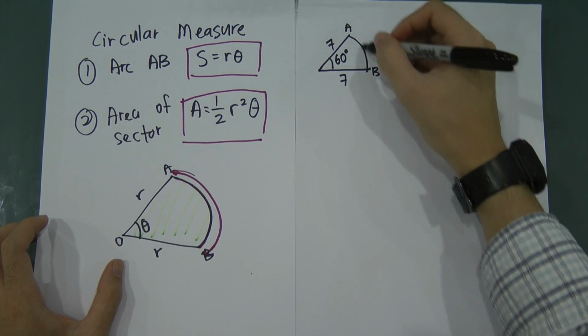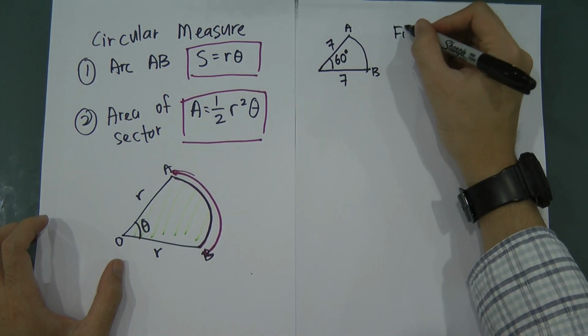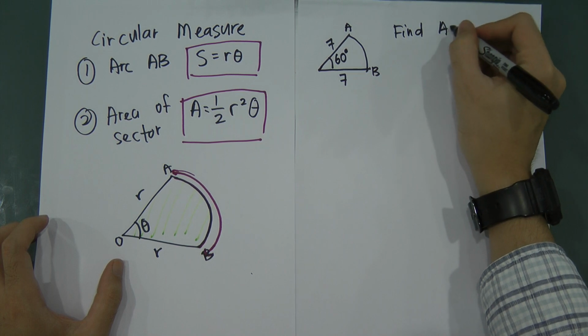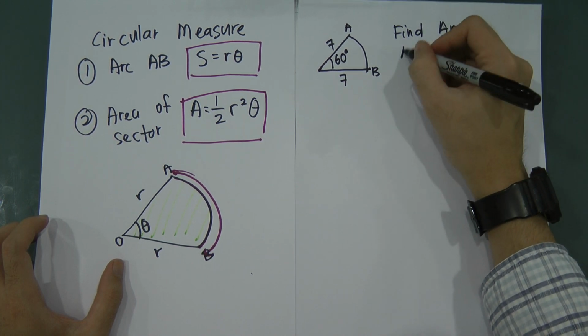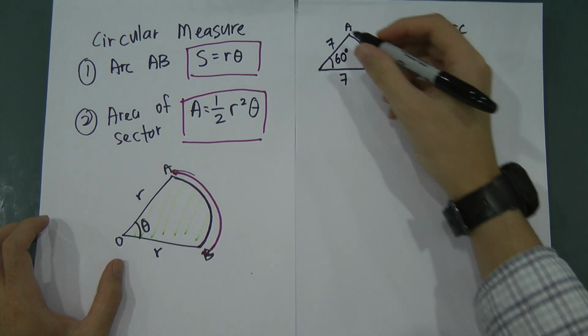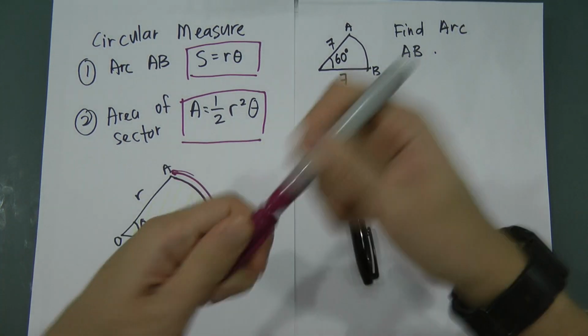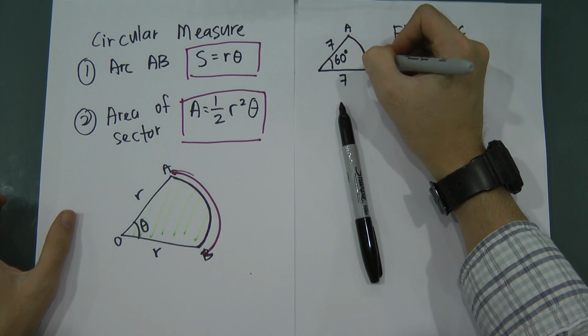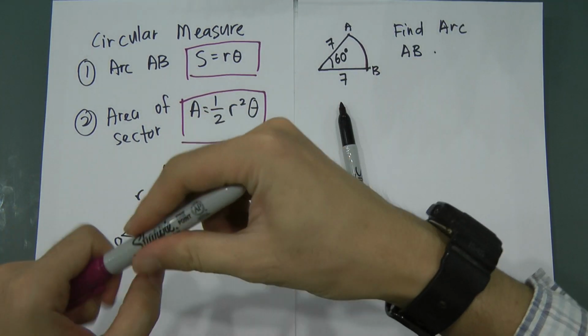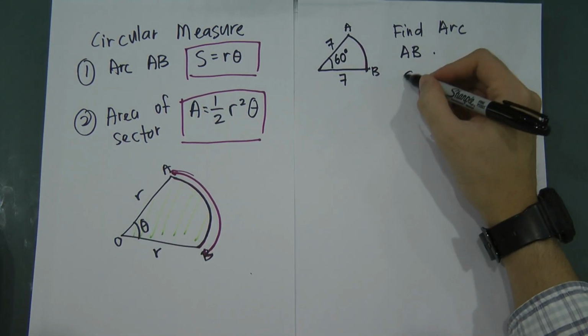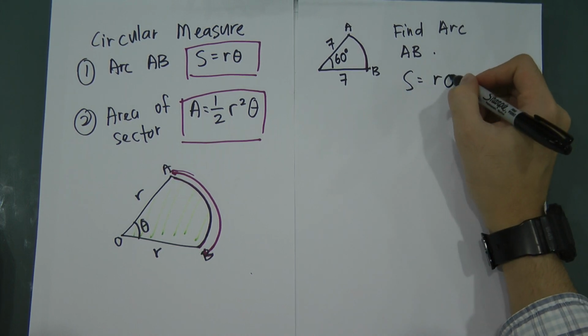What is the length? First, you want to find the arc over here. We know we have to use the first formula, S equals R theta.